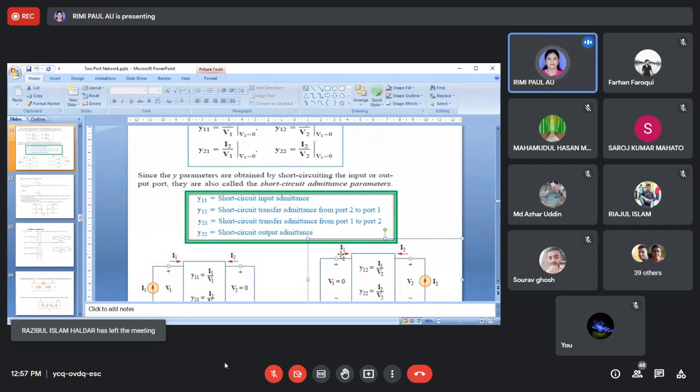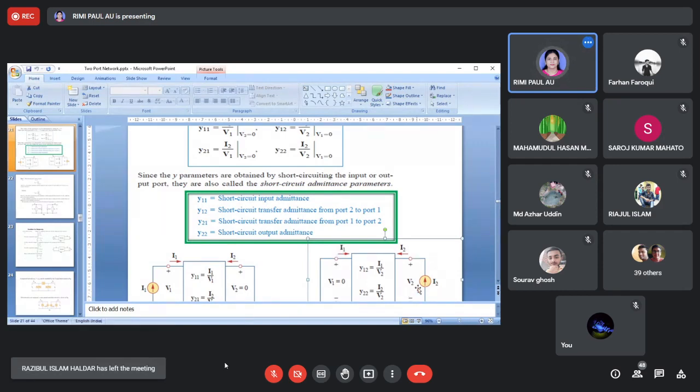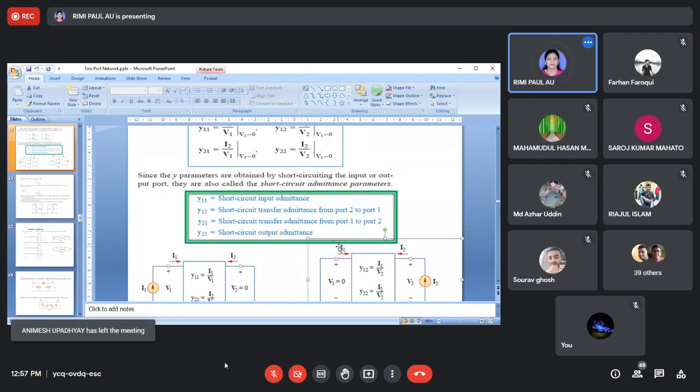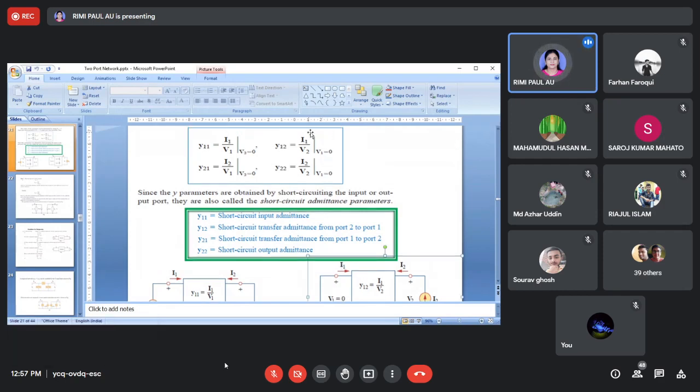Another component is I1 by V2, so 1 to 2, we can write y12. Y12 is also a transfer admittance, but from port 2 to port 1. So with V1 equal to 0, I1 by V2 is equal to y12.